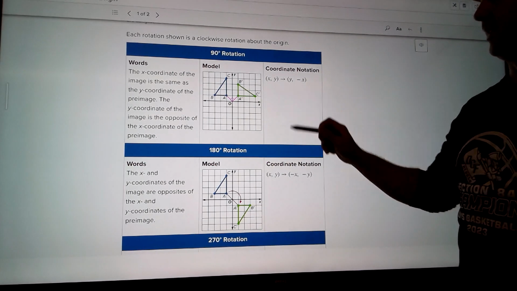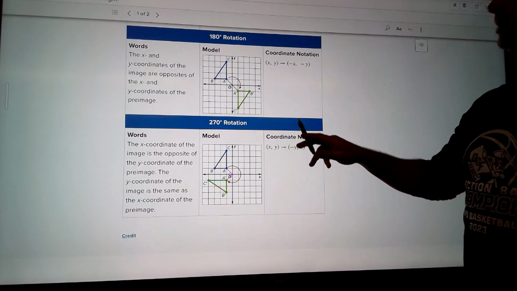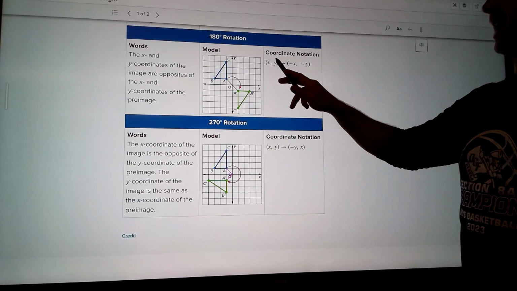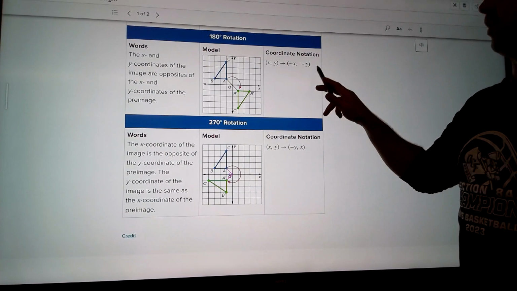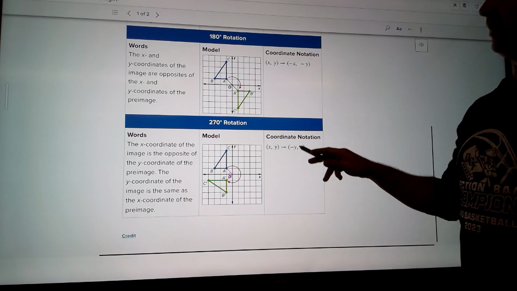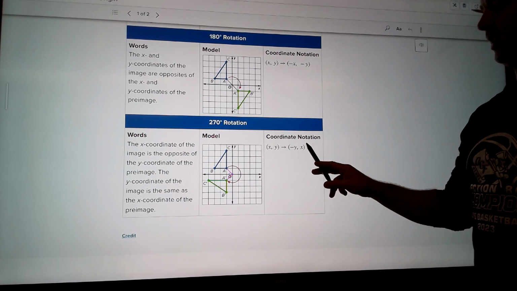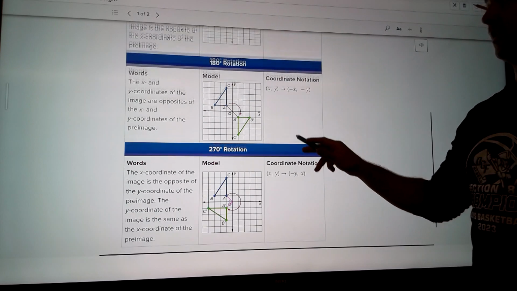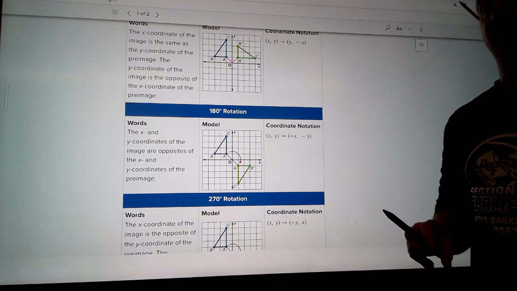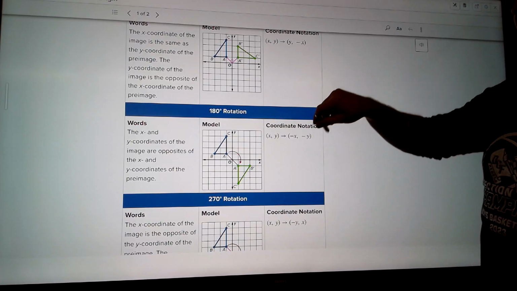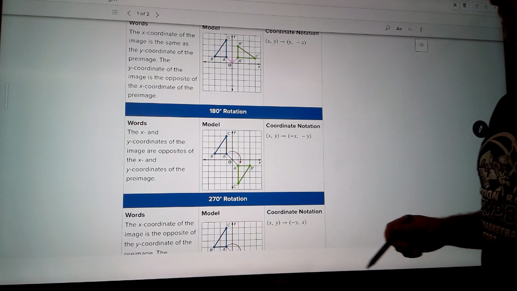You see what happens. If we go 180 rotation, we go from x, y to the opposite of x, the opposite of y when we do our image. And 270, which we just did, we go from x, y to the opposite of y, x. Knowing these will be a whole lot easier than trying to visually do it. Trying to visually just see where it's going to go is very tricky.